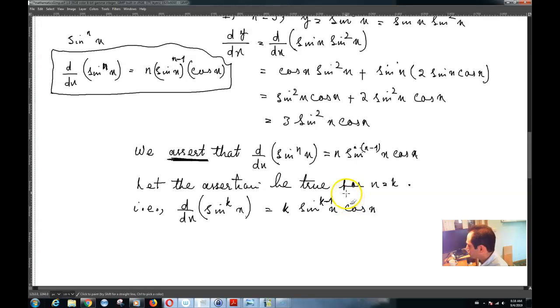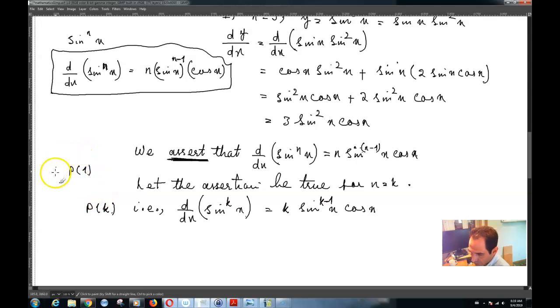Now, in the context of the principle of mathematical induction, I call this P of k, okay? And of course I need a P of 1 as well.